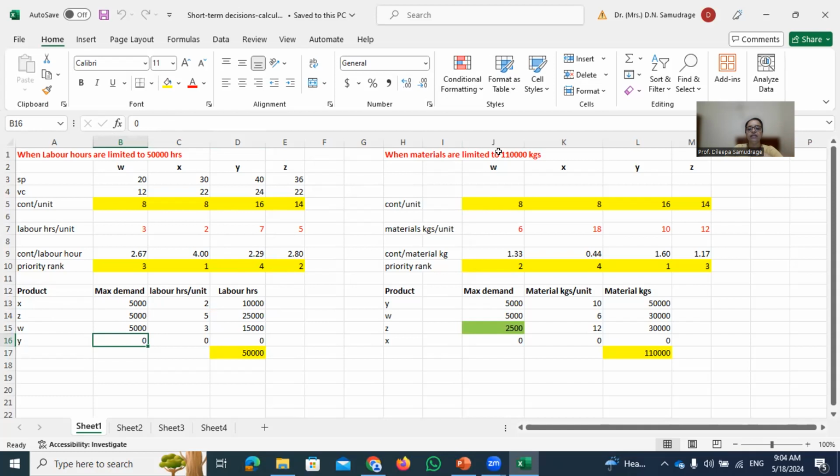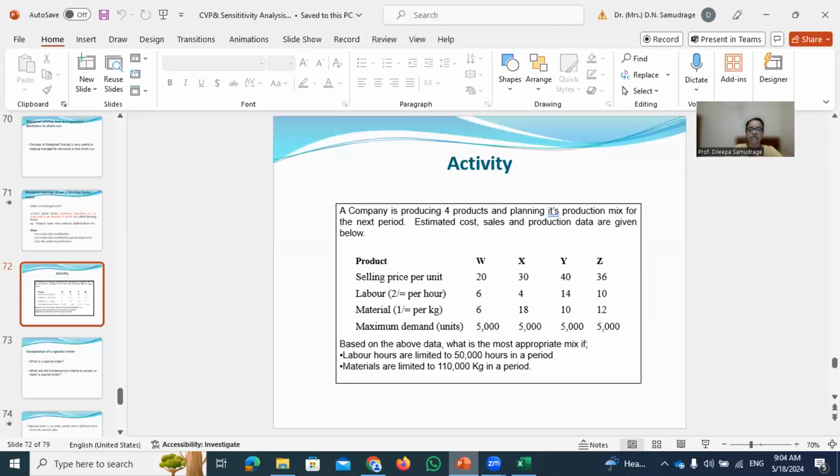Then the second part is materials. When materials are limited to 110,000 kgs, right? So same thing, you have to find out the contribution. From here, you can take the same figures. Then the next one is your limiting factor is materials. Materials are limited to 110,000 kgs in a period.